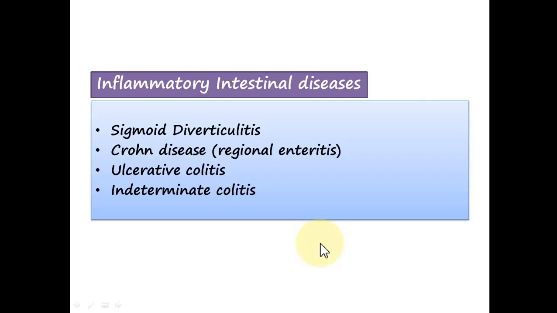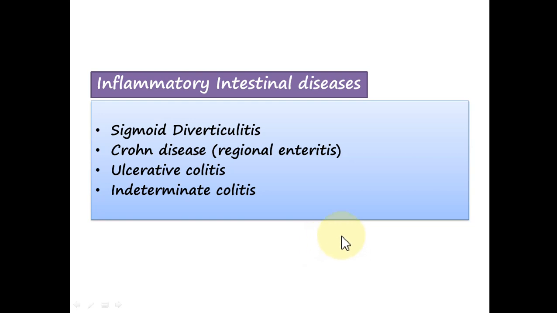Now coming to our second topic, that is included in the inflammatory intestinal diseases. So the inflammatory intestinal diseases are those diseases in which there is an associated inflammation in the large intestine.